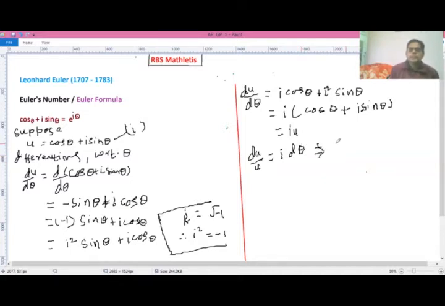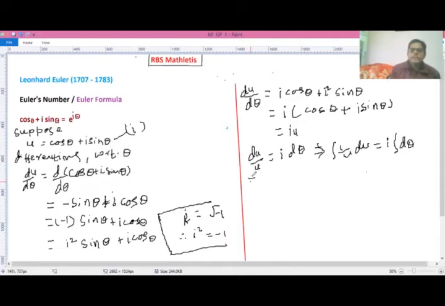You get the integral of 1 by u du, equals i times the integral of d theta, where i can be taken out common because it is a constant.